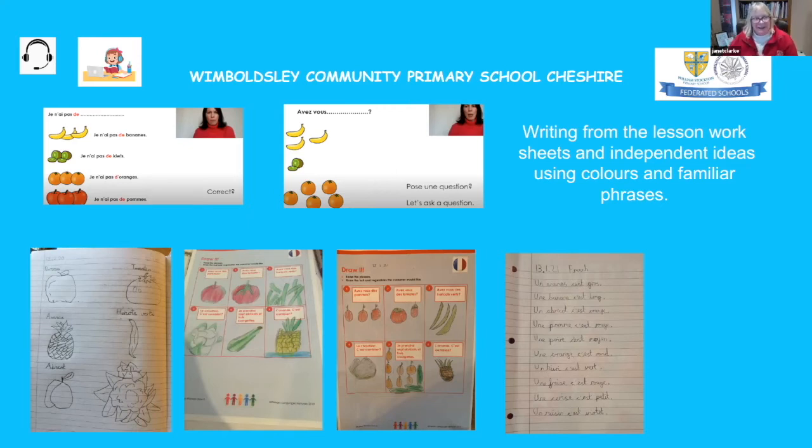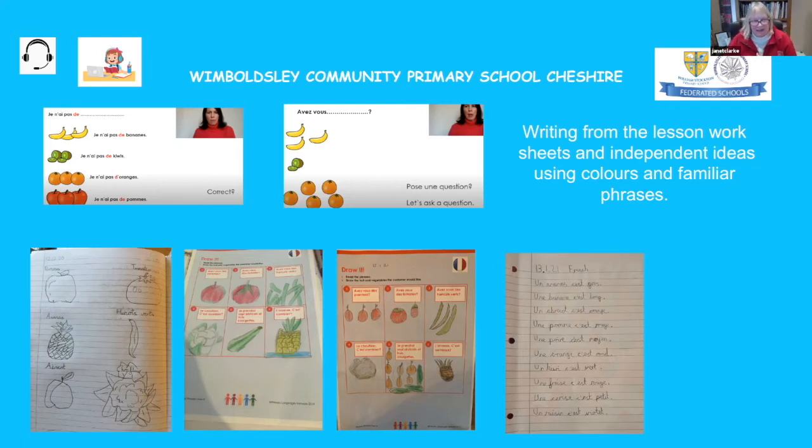So as you can see, I've done some screenshots from Emily's lessons, and basically the questions were, avez-vous, do you have, and je n'ai pas de, I do not have. But obviously they had to know all their fruits and vegetables to use these questions. And I will show you on the next slide in a moment what the children produced at home, which was absolutely brilliant.